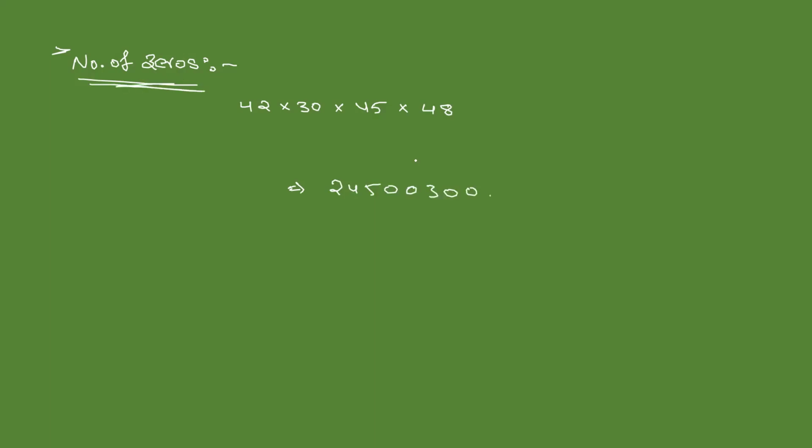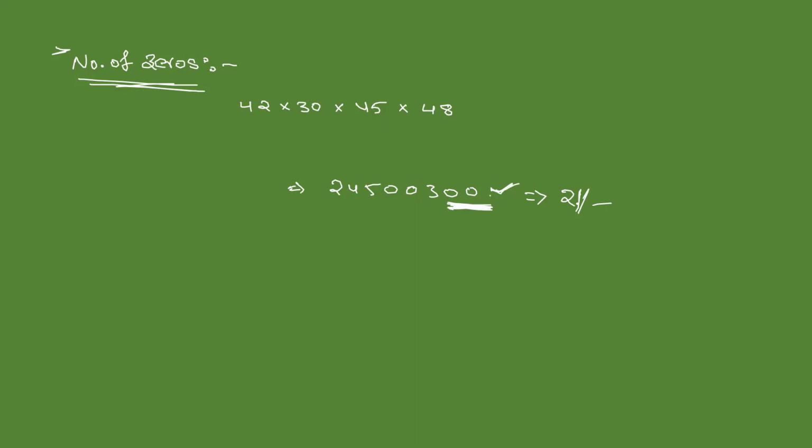The number of zeros means we need to count the zeros present at the end. So the number of zeros in this answer is only 2, not 4. We will not consider the zeros in the middle of the answer. We will consider only the zeros which are present at the end.